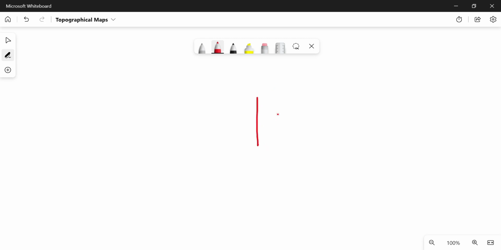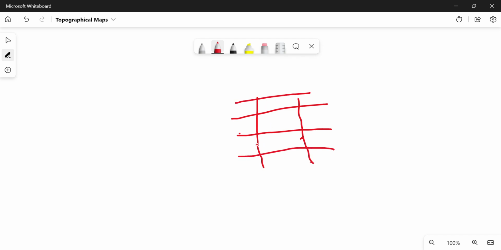Now when these eastings and northings overlap each other, they form a grid, like this. There is a grid square.